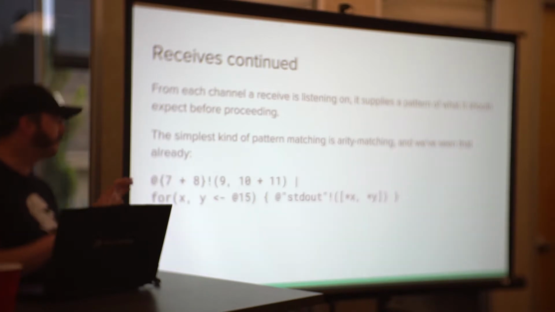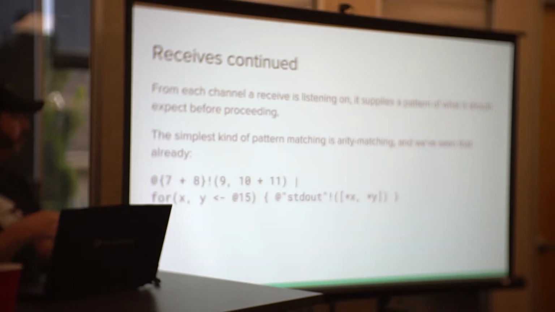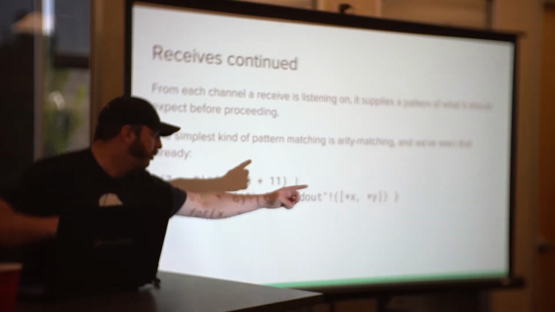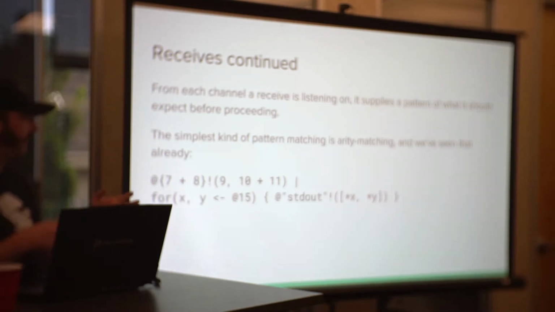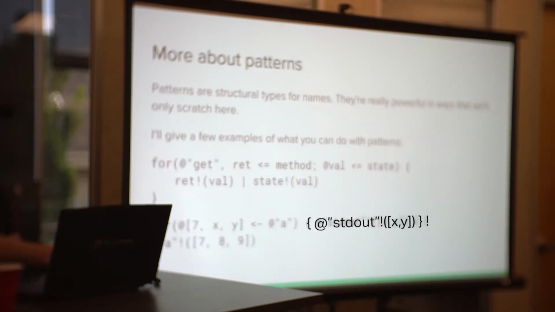So what happens is when there's a send and a matching receive, the send disappears and the body of the receive executes. And if they don't match, they both just stick around waiting for a send or a receive, respectively, that does match.